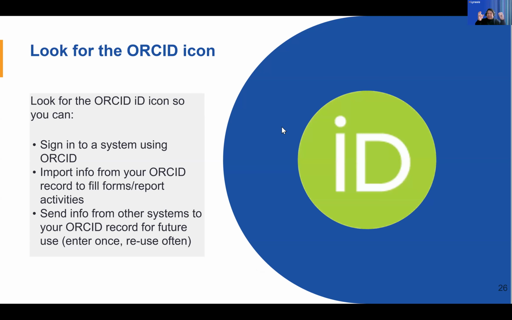So now that we've gone through the benefits, when you start applying for grants or submitting manuscripts, look for the green ID button. It indicates that there's some sort of integration between that organization or system and ORCID. It signals that there's a way for you to make a connection with ORCID.